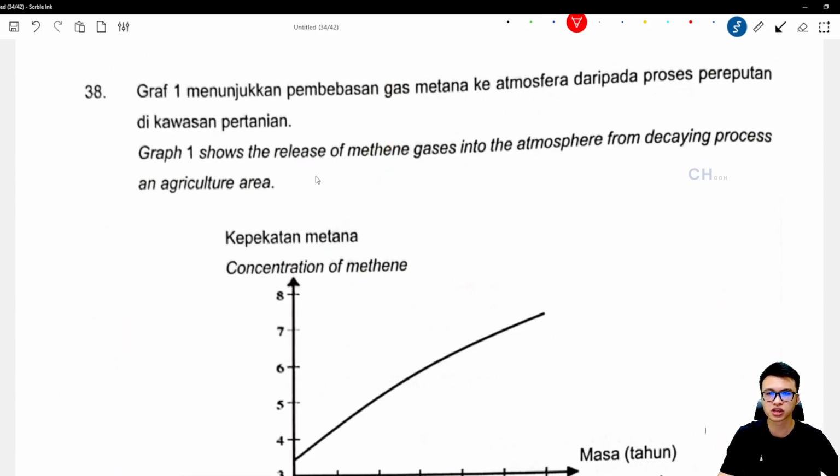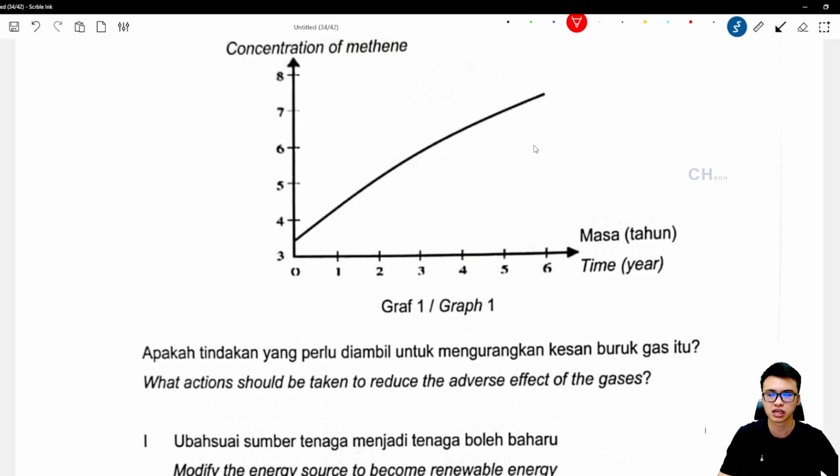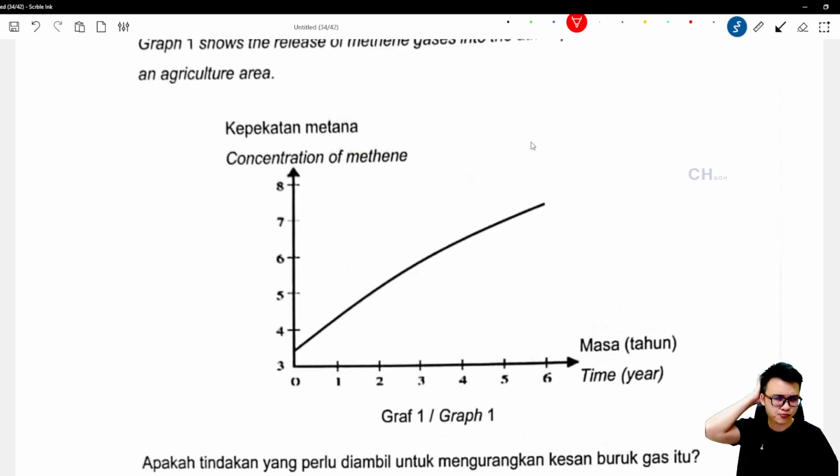Graph 1 shows the release of methane gas into the atmosphere from the decaying process and agriculture area. What actions should be taken to reduce the adverse effect of the gas? Now, methane gas, last time we talked about the greenhouse effect, correct?